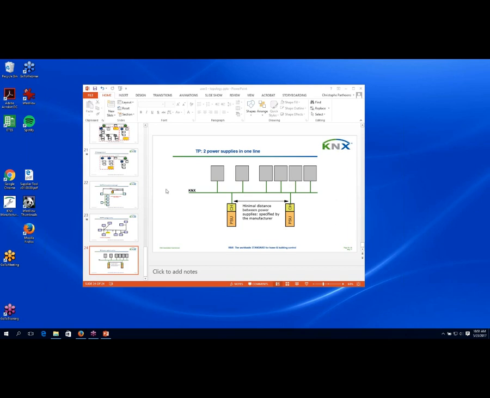Again, I said it during the webinar, a coupler always has the connotation of runtime, whereas interface always has the role of management, of configuring devices, right?